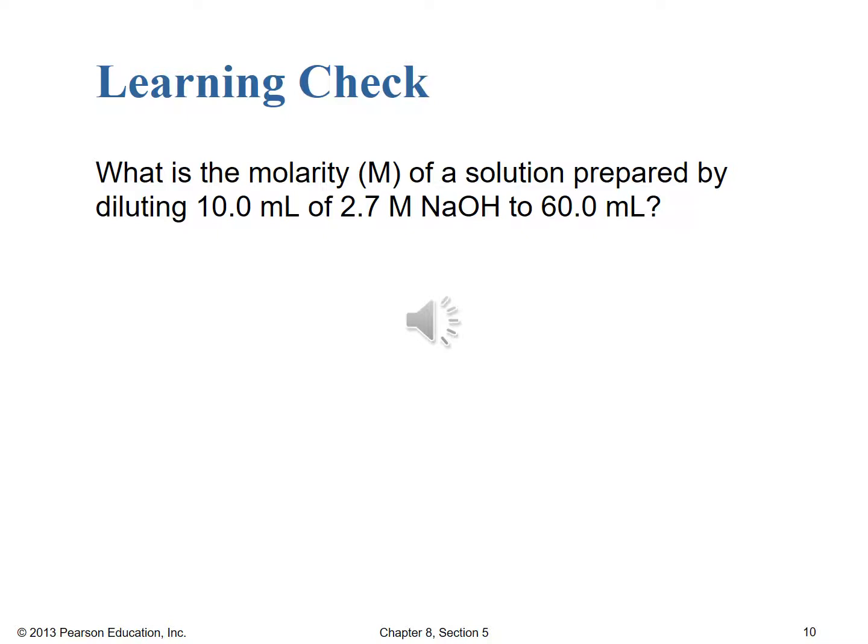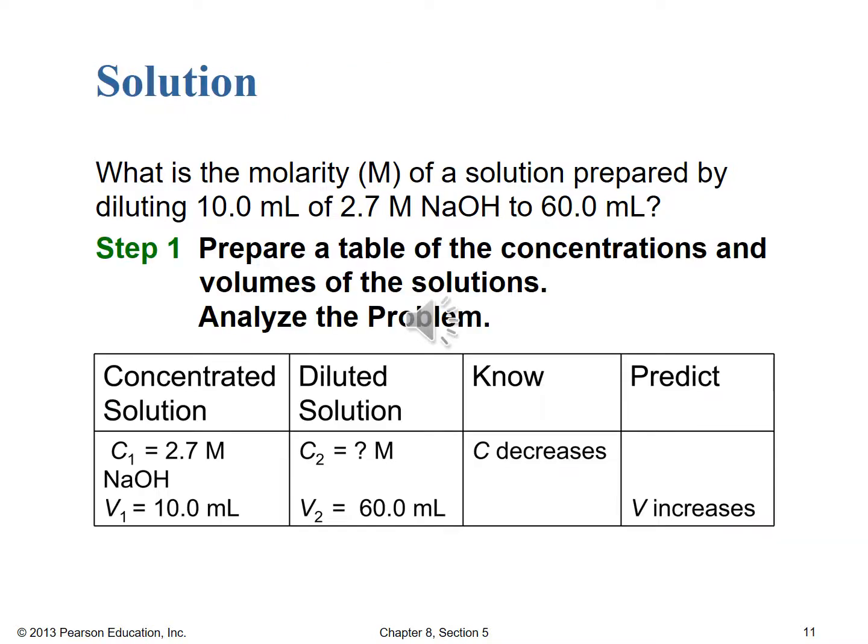So this time we know the starting volume, the starting concentration, and the final volume, and we're looking for the final concentration. So pause the video here, work that out, and then start back up when you want to check your work, and hopefully we arrive at the same answer.